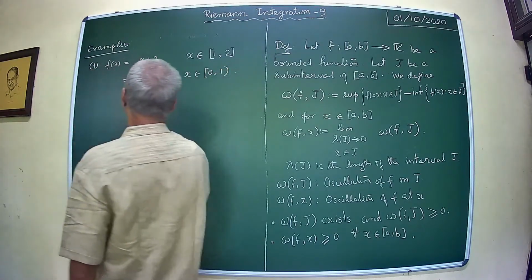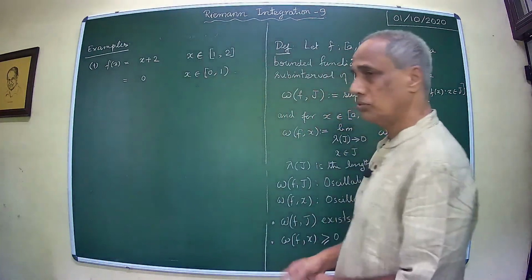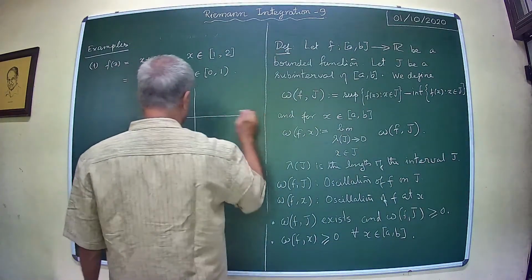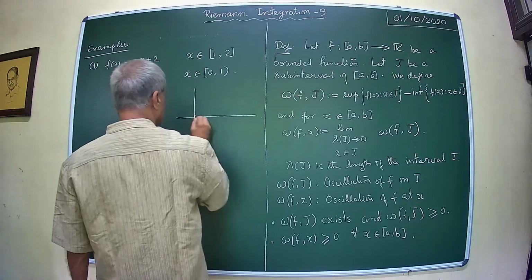So this function is defined on the interval 0 to 2. Now if you draw the graph of it, you can easily see that this is on the interval.